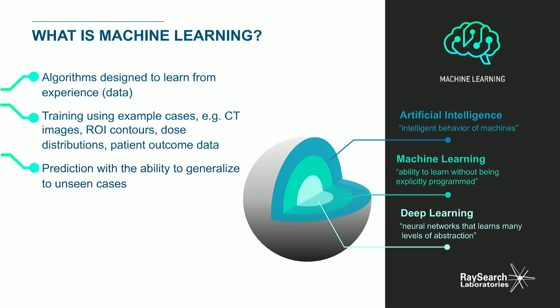This prediction has the ability to generalize to unseen cases. So if we train on a set of CT images, for example, and we get a new CT image in, then the model will generalize to a new patient and that patient's specific geometry.